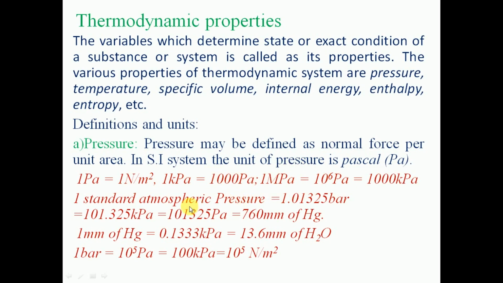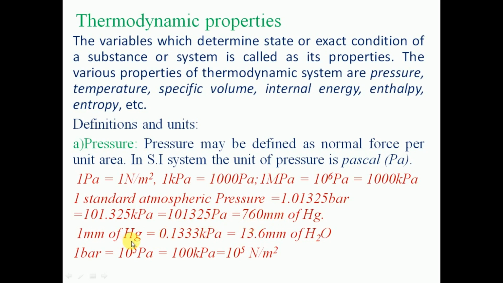And usually we call 1 standard atmospheric pressure. The pressure that exists in the atmosphere is called the atmospheric pressure. Therefore, 1 standard atmospheric pressure is equal to 1.01325 bar, that is equal to 101.325 kilopascal, or equal to 760 mm of Hg.